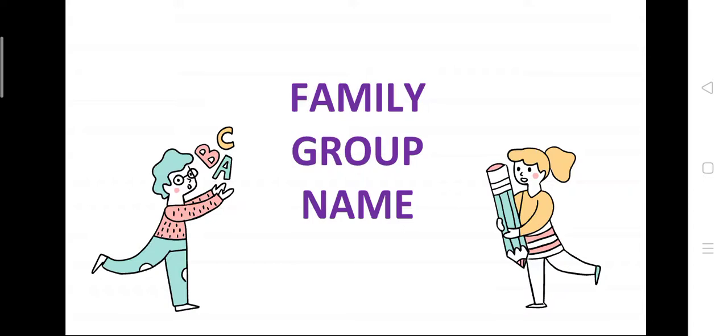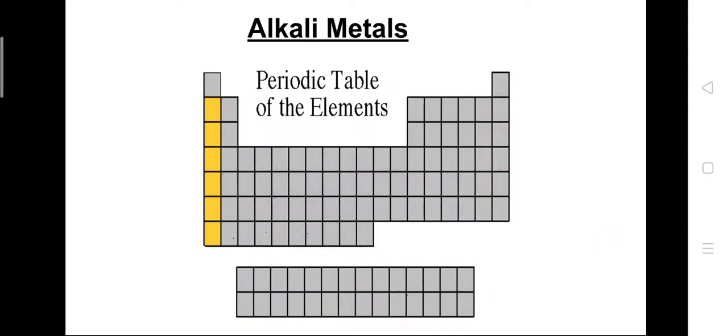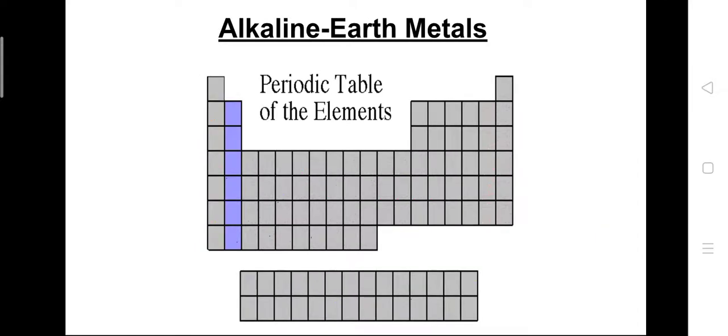Now let us see the family group names. The first one is hydrogen. The properties of hydrogen do not match the properties of any single group, so it is set apart. It is above group 1 because it has one electron in its outer energy level like group 1. The second group is the alkali metals.